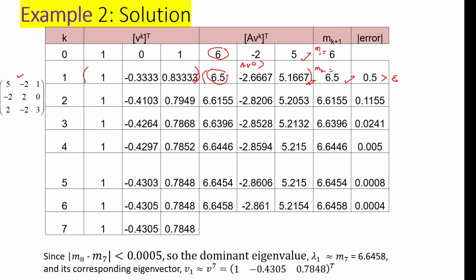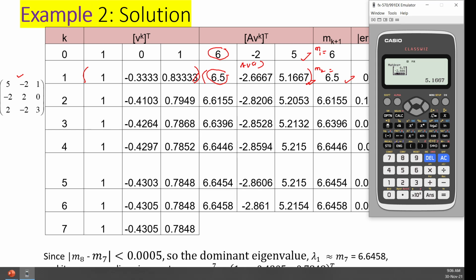V2 is actually AV1 divided by M2. So you take what is in max answer, which is your result AV1, and divide by 6.5.